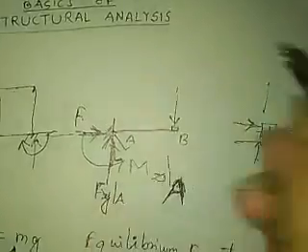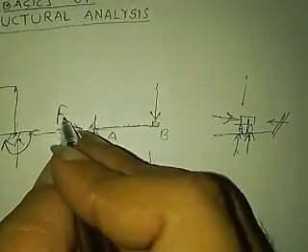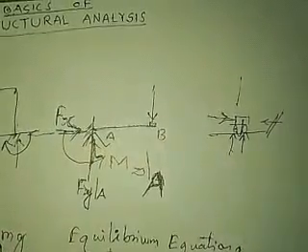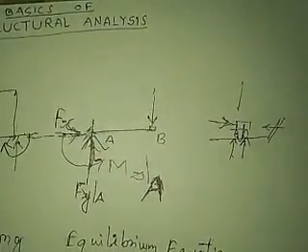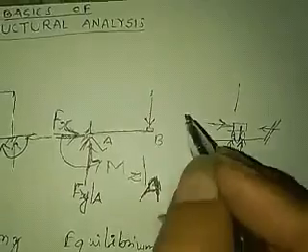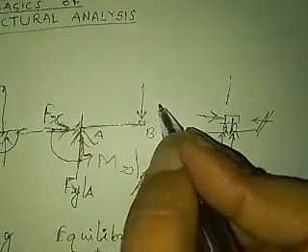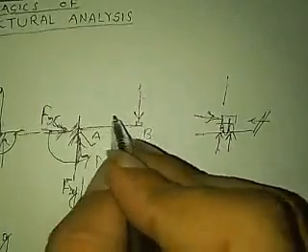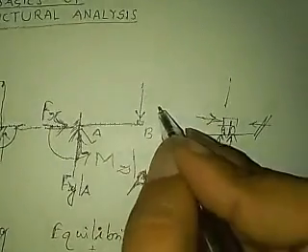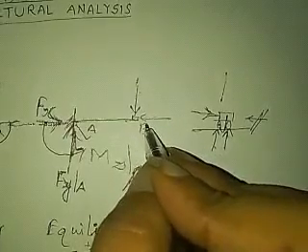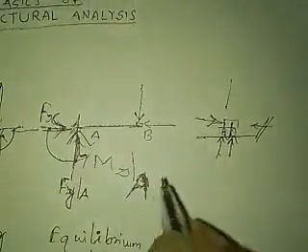Sorry, I made a mistake. And Fx. So this is a structure. It can support a vertical load, it can support a horizontal load. It is not moving, it is stable.